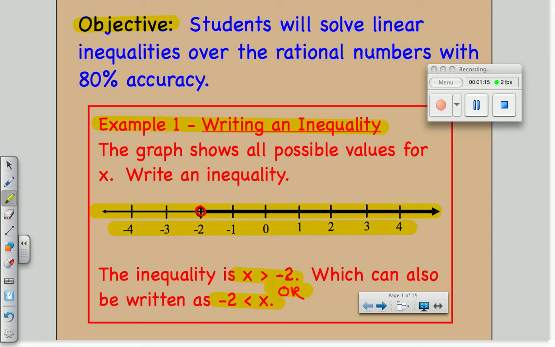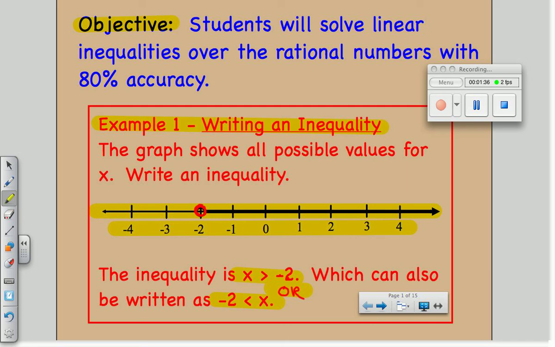If I were to replace X with -2, is -2 greater than -2? No, it is not. Since it's not, this circle remains open. In other words, I don't color it in, okay?